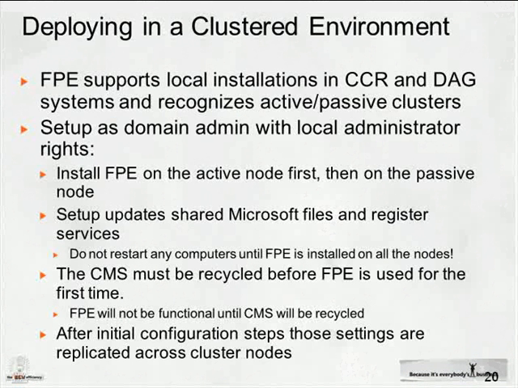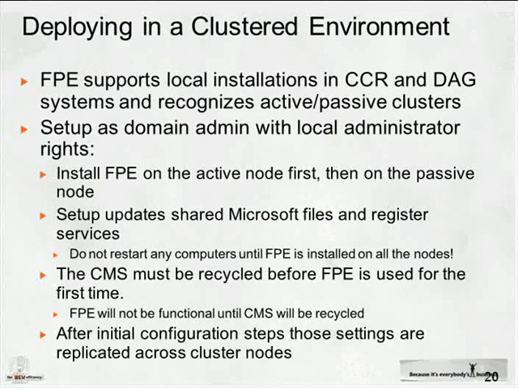Forefront Security for Exchange recognizes Windows Server 2003 and Windows Server 2008 active and passive clusters. To install Forefront Protection for Exchange in a clustered environment, you must log on to the local computer as a domain user with an account that has local administrator rights.